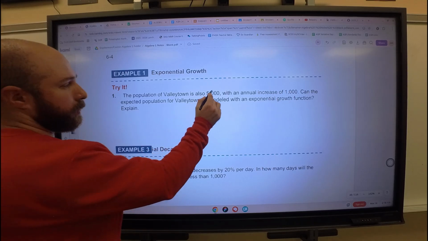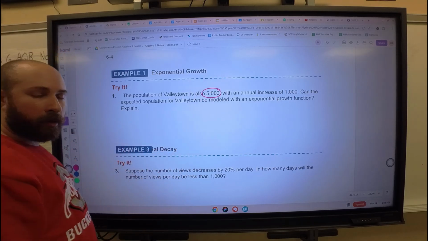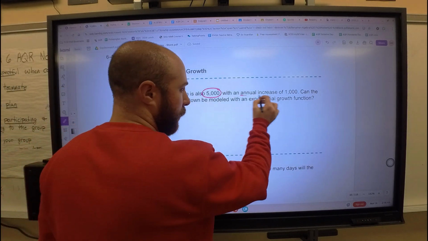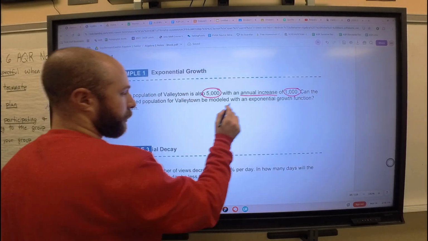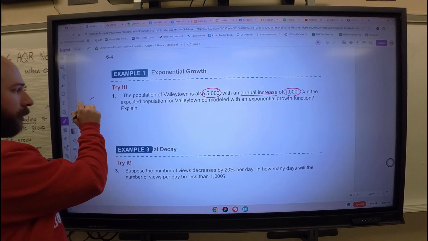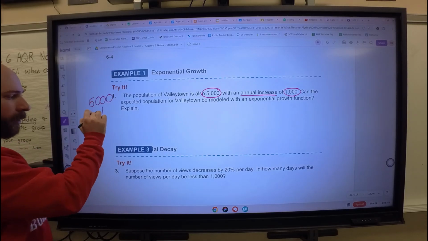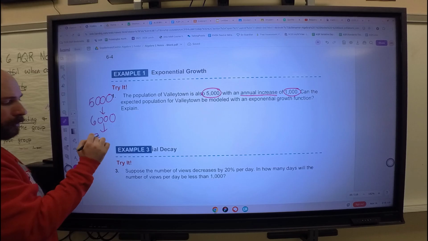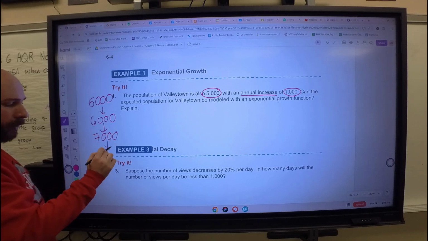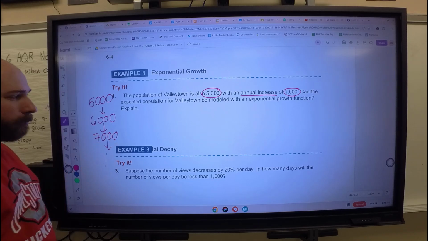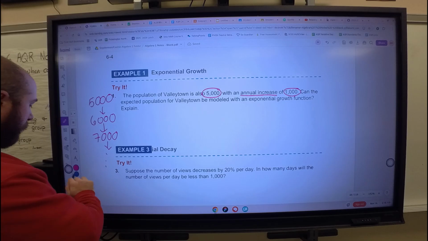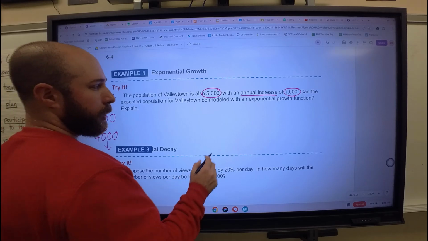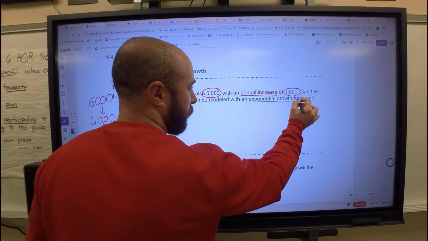We can see there is an initial amount of people of 5,000 and an annual increase of 1,000. So we start with 5,000, after year 1 we're at 6,000, year 2, 7,000, and you get what we're doing here. Now, the question says, can we model this with an exponential growth?